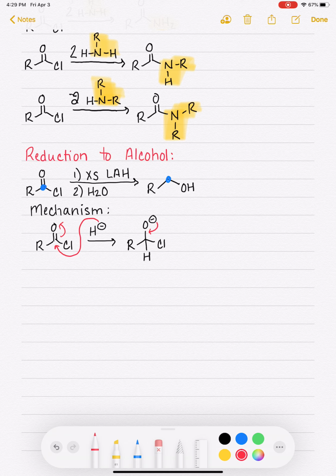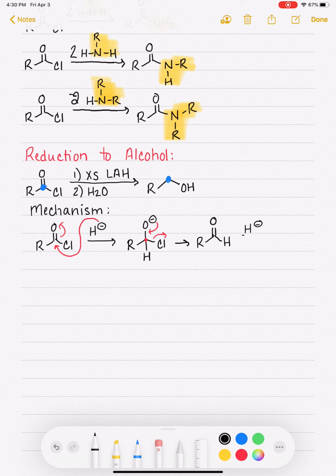And on our carbon, the best leaving group is the chloride, so that's what's going to go. And look at what we make.